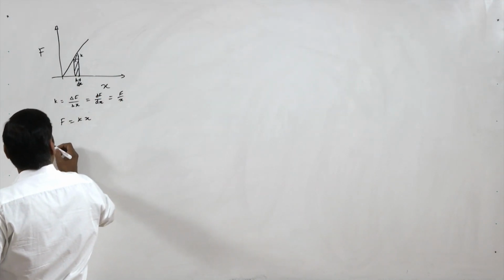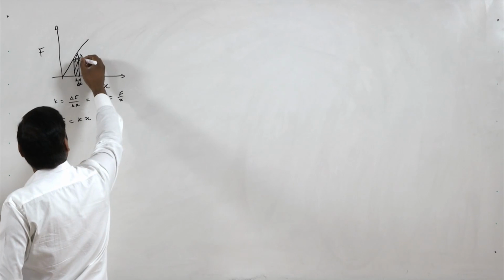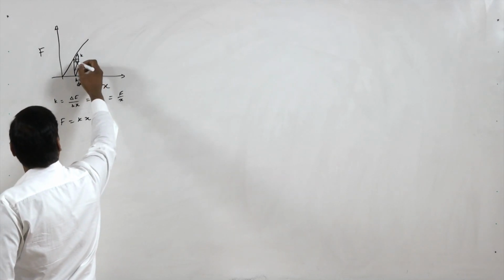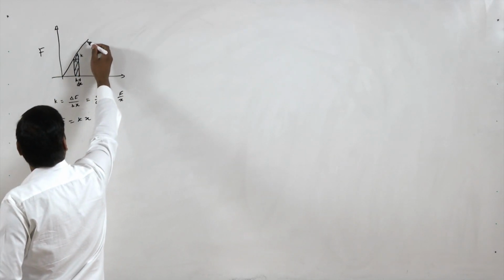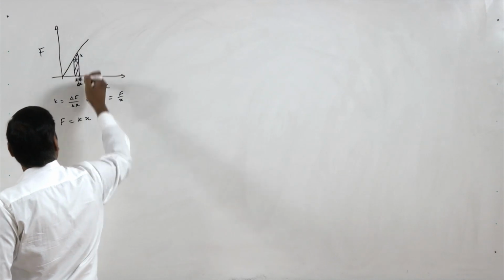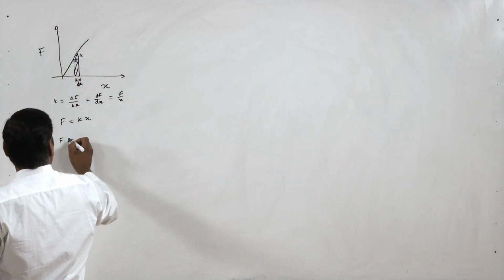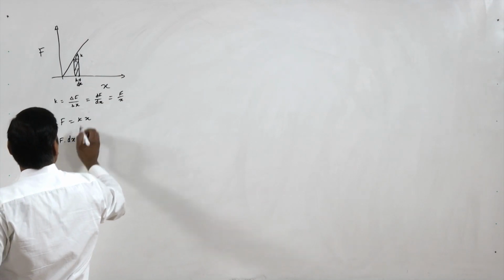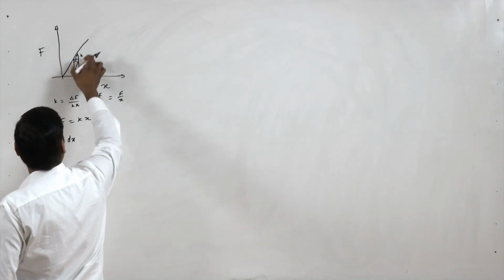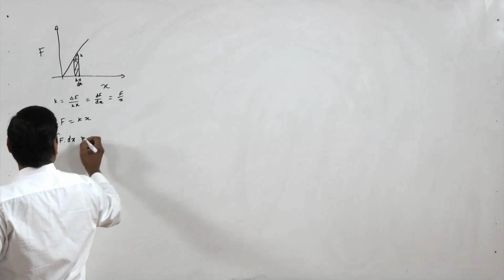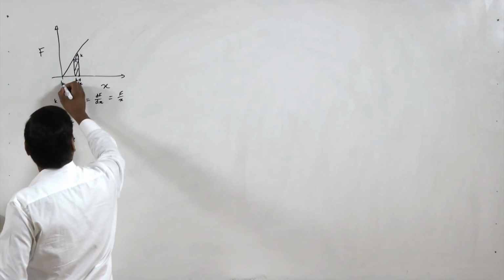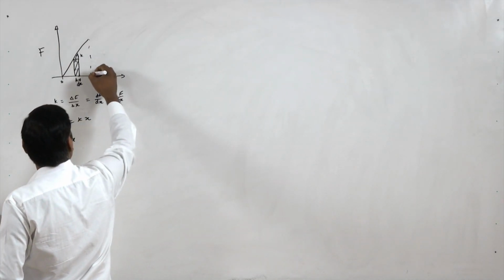So energy is the area, and we have this area, so F into dx. So if it is dx, this is F, so F into dx. Now we integrate this area from, let us say, 0 to x.